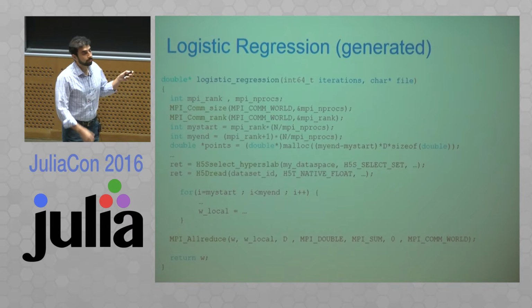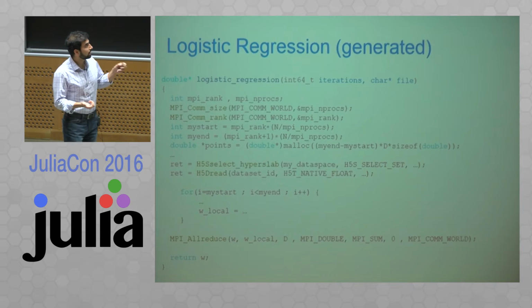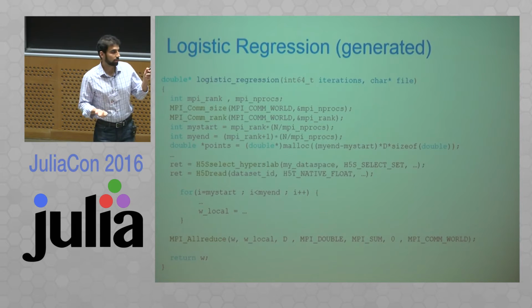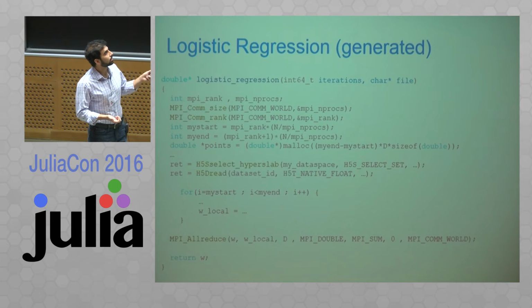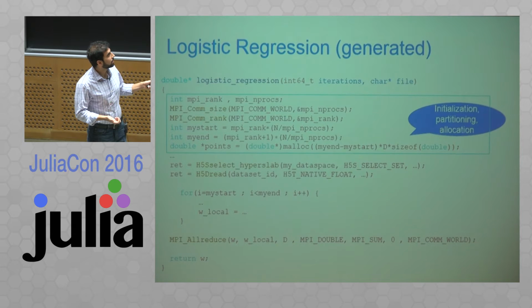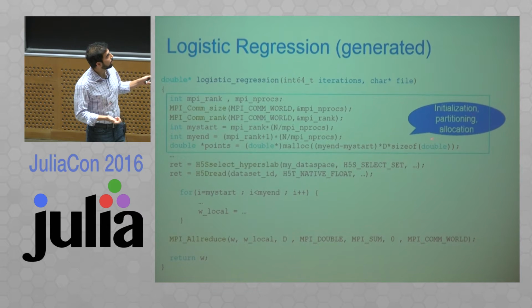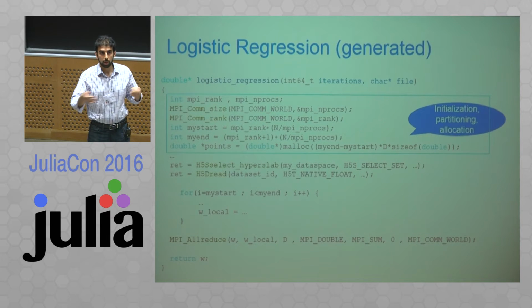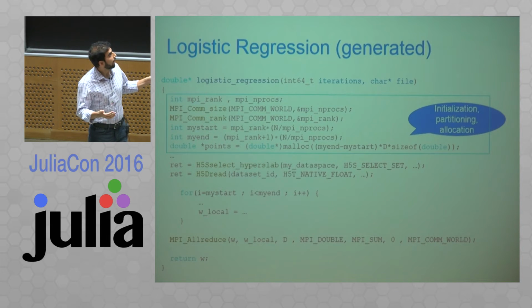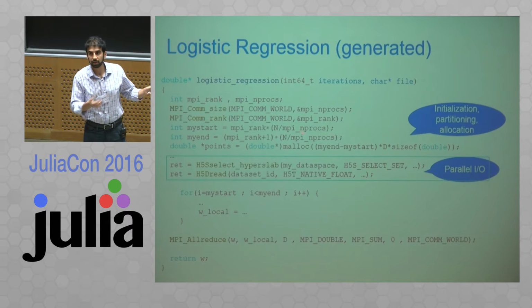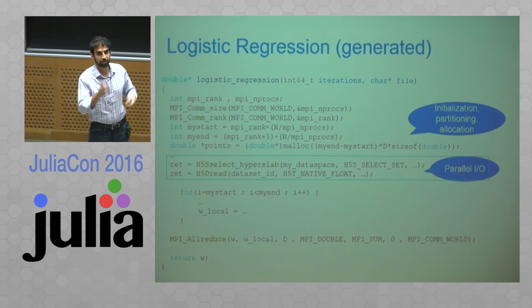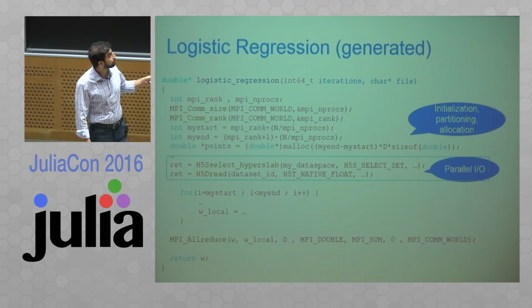What comes out of HPAT essentially is some MPI C++ code that does a lot of things automatically. The initialization and partitioning, initialization of MPI and everything, partitioning of the data, every node knows where to start, where to finish, allocations, dividing the allocations across nodes, and then parallel I/O calls. Sometimes these are like 200 lines, but HPAT can generate them with the basic information.